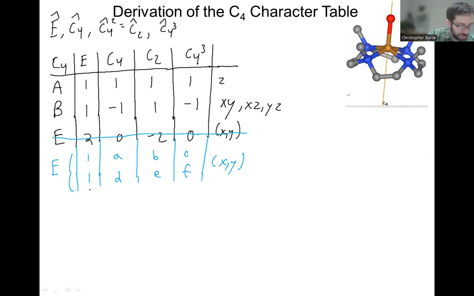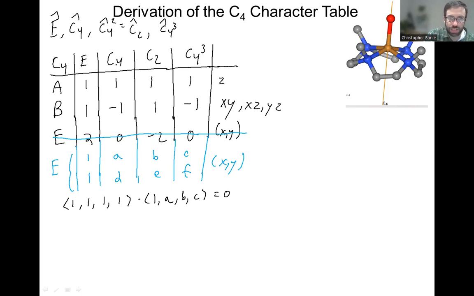Those apply for these components. So we know that, for example, any vector dotted with this vector has to be equal to 0. So 1, 1, 1, 1 dotted with 1, A, B, C is going to be equal to 0. And again, remember this has to be normalized when we're talking about the dot product. It has to be normalized with the number of operations in the class.